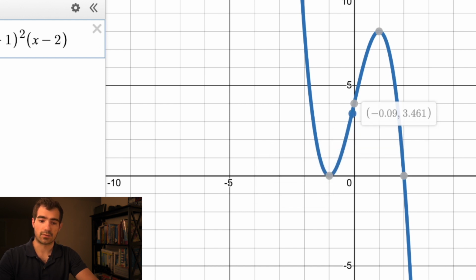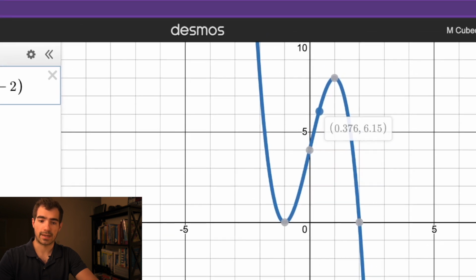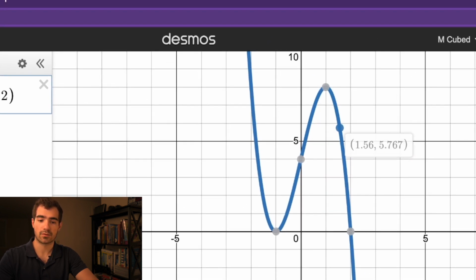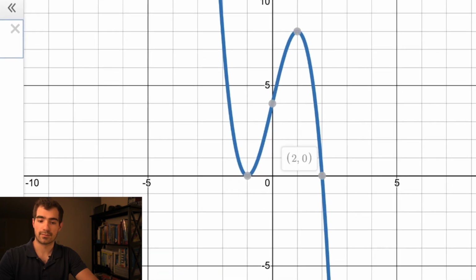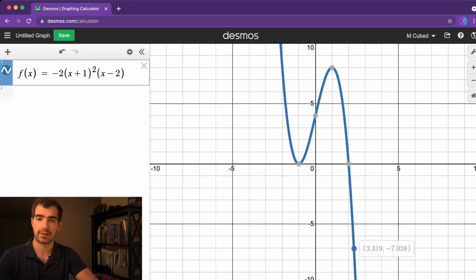It crosses the y-axis at (0, 4), keeps heading up, has another turning point before working its way back down to (2, 0), only to cross through the x-axis and then head off to -infinity as x goes all the way to the right.